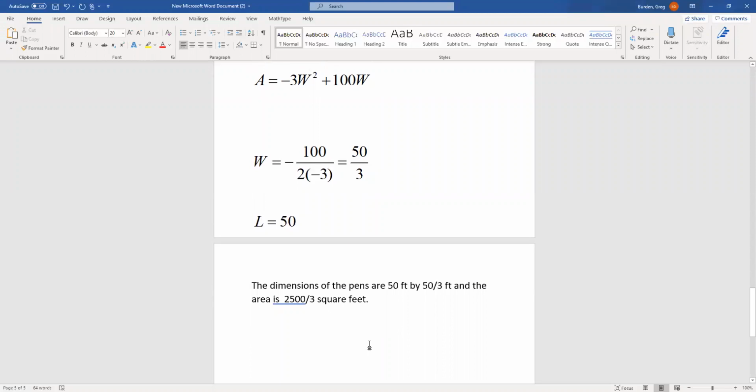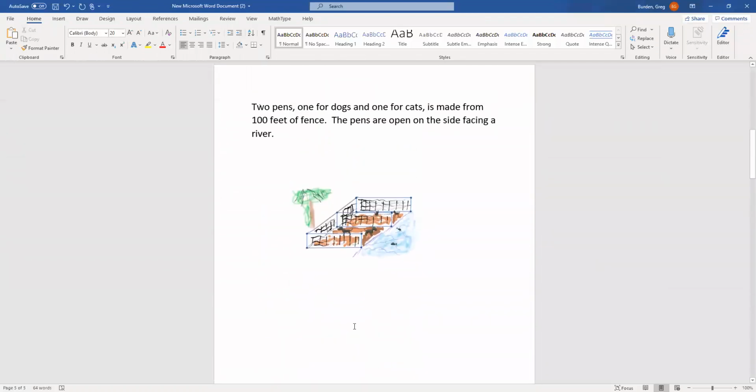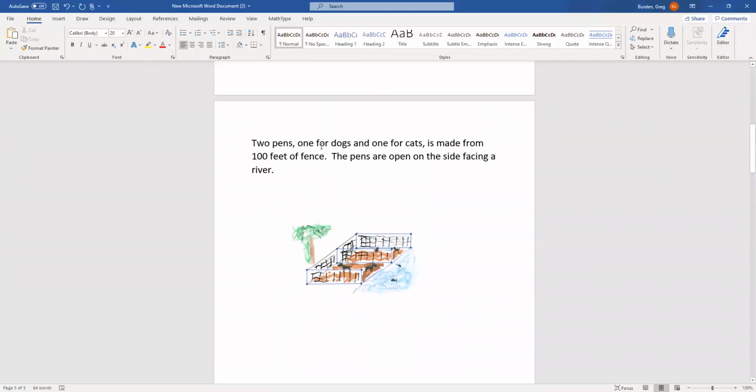So again, very useful application of mathematics. Of course, you probably don't have too many circumstances where you have a certain amount of fence and you are trying to figure out how to keep your dogs and your cats separate from each other. I personally don't have a river flowing next to my property, but there are similar sorts of applications. Just in general, if you're trying to make a rectangle which has the largest area possible, it turns out that's going to be a square.